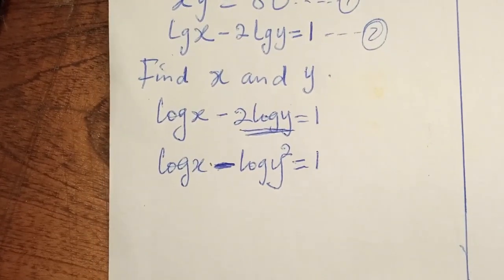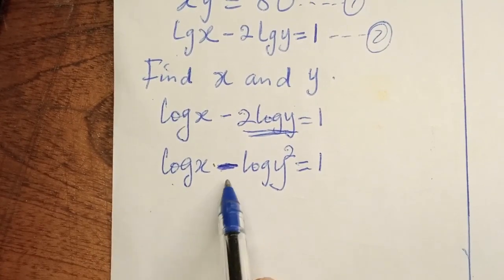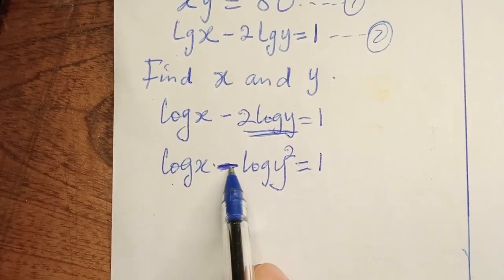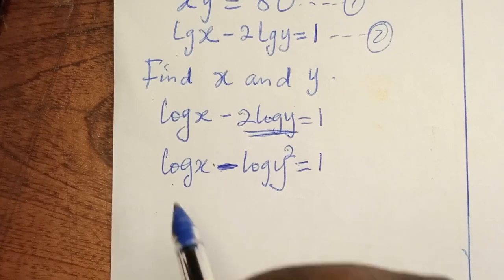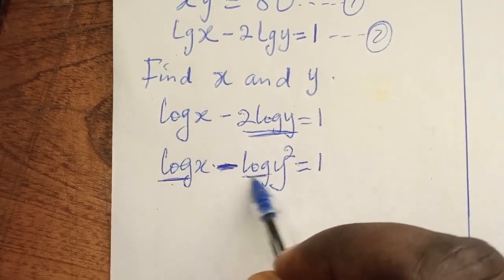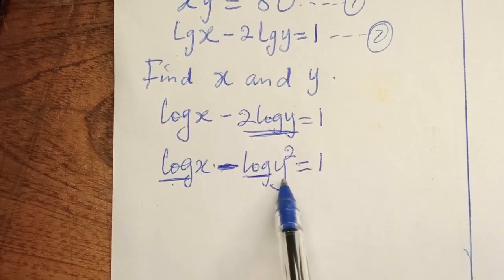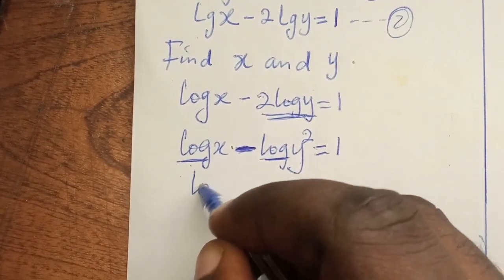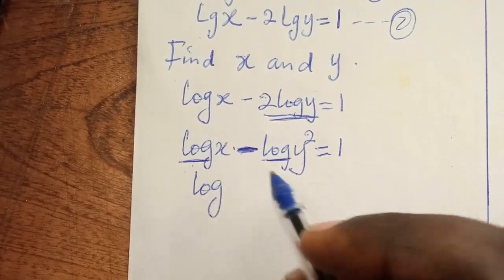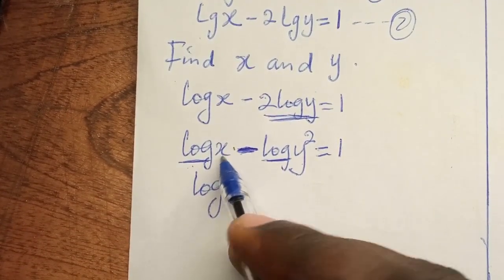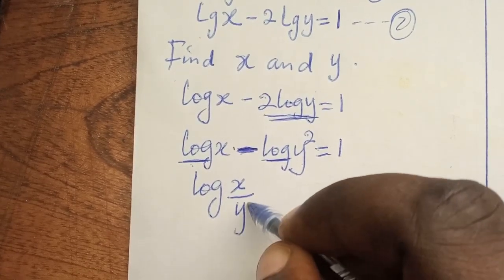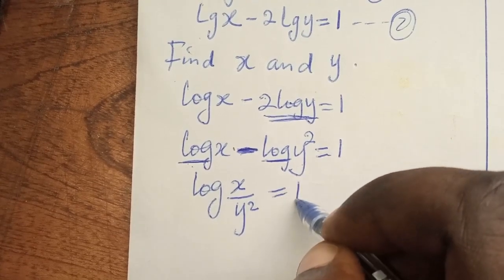Now, anytime we have a minus sign between logs, minus is the same as dividing. Since this log is the same as this log and we are left with just x and y squared, we can express this as log of x divided by y squared is equal to 1.